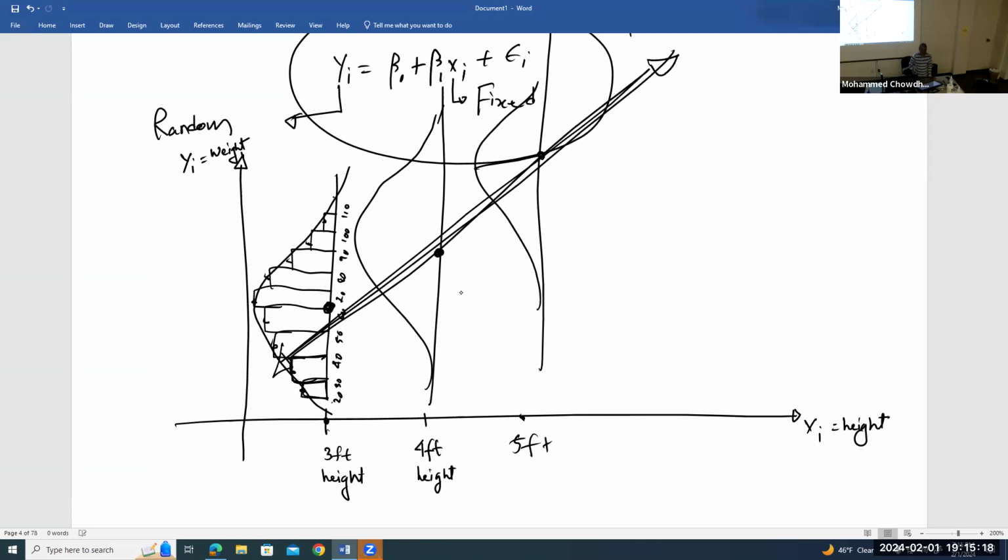This is the average regression line. More specifically, I write the expected value of y equal to beta 0 plus beta 1 xi. That is the regression line.